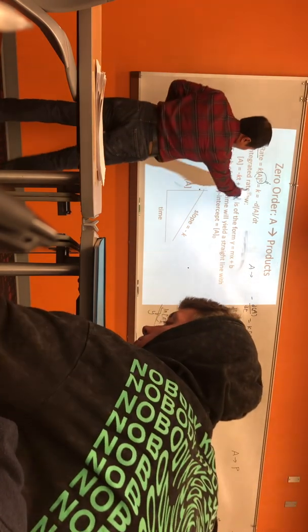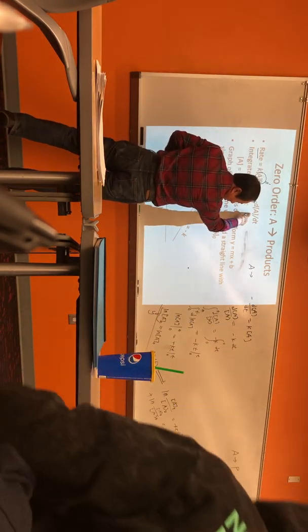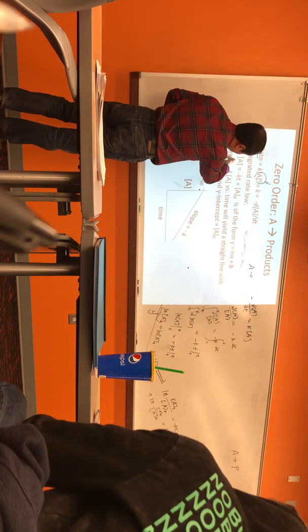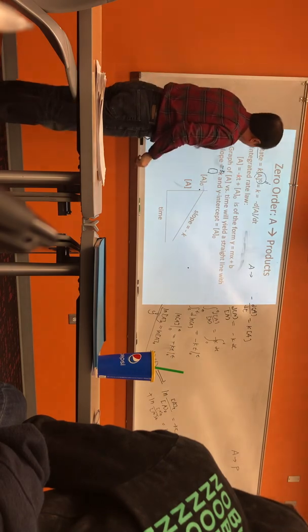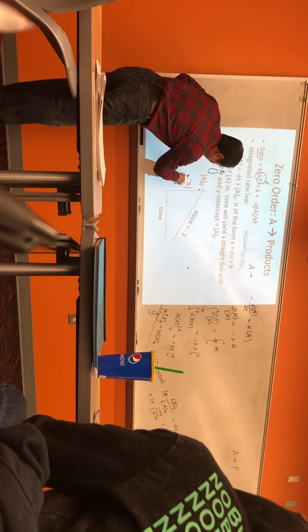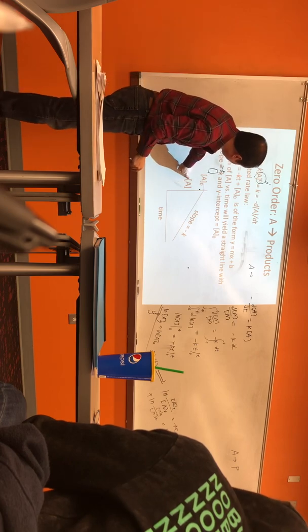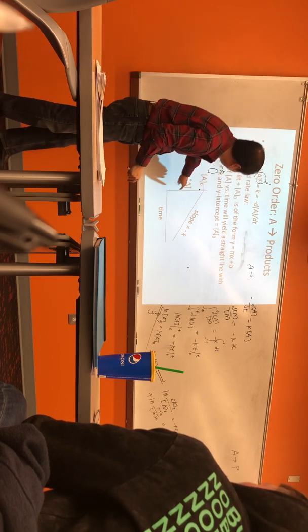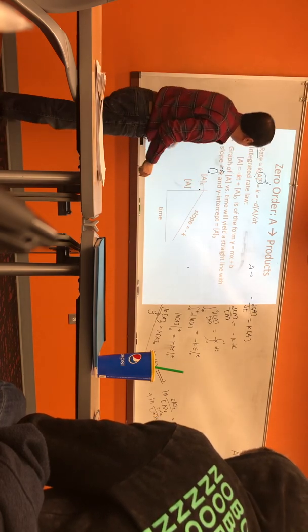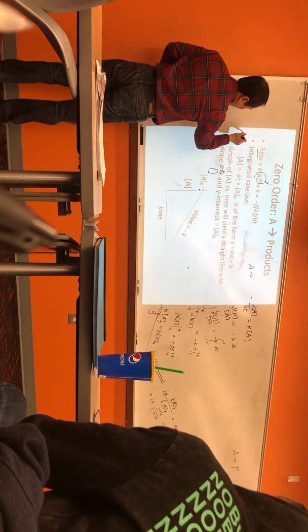This will be an even easier integration process. Once you do it, this will be your integrated rate law. So your y-axis is just the concentration A. It changes over time, and it has a negative slope. Okay. So memorize this.